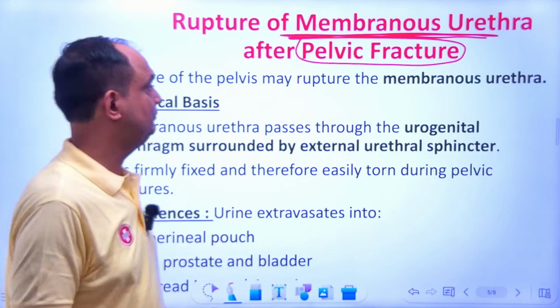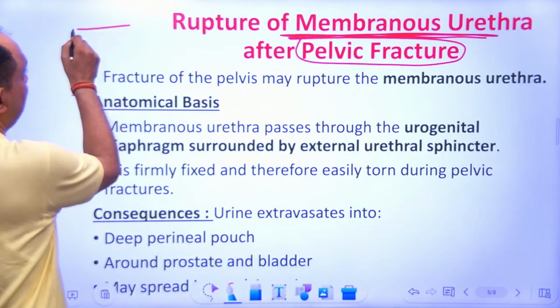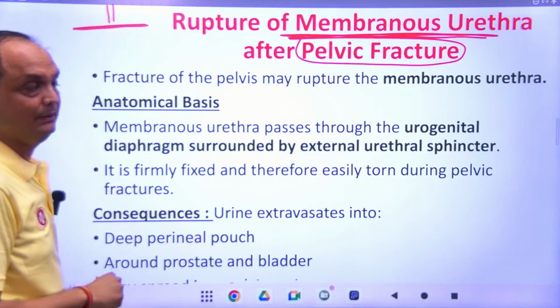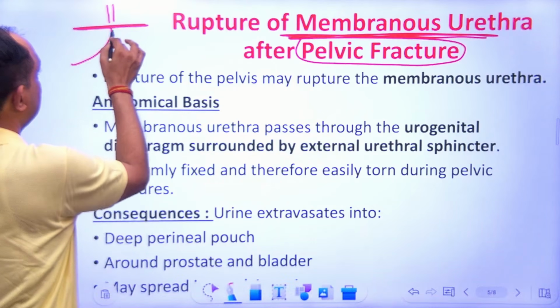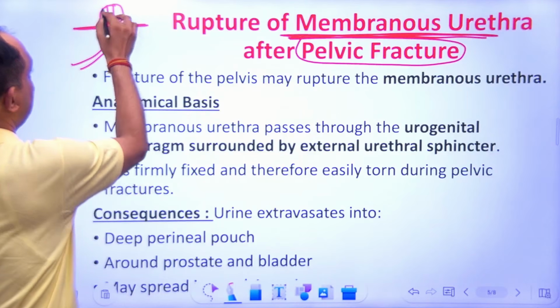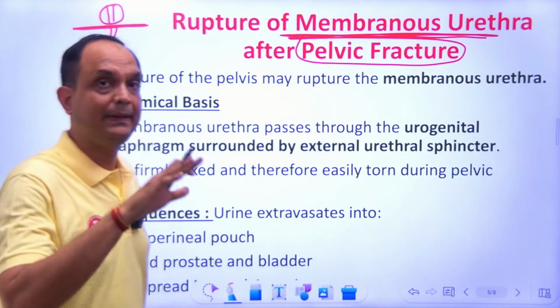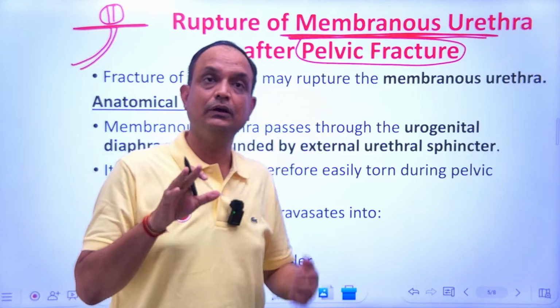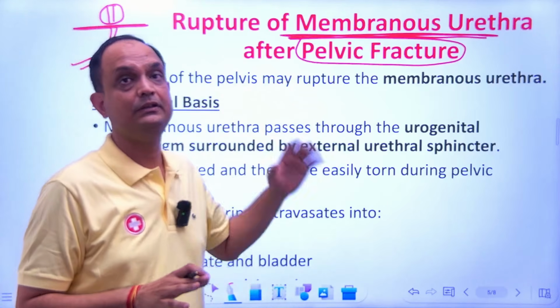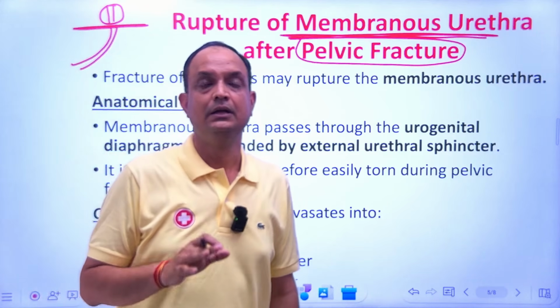So you have to keep in mind that the perineal membrane is intact, the membranous urethra is above the perineal membrane, and the penile urethra is below the perineal membrane. Now the injury occurs in the membranous urethra, that means above the perineal membrane.